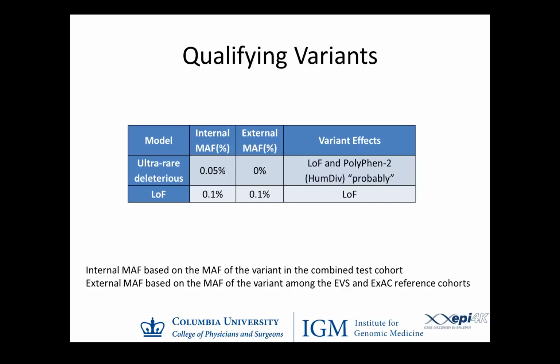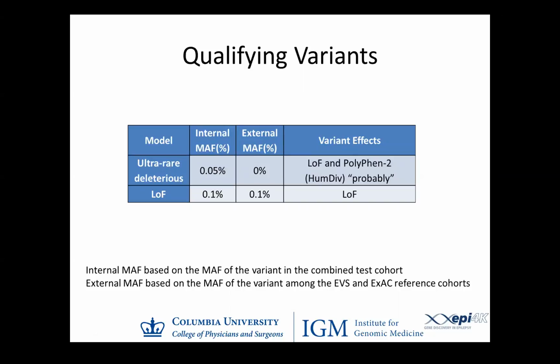And so the two that I'll be discussing here are ultra-rare deleterious, which we've heard about. And this is defined within this data set as external minor allele frequency of 0% based on EVS and ExAC. So these variants are not present in the EVS or ExAC data sets. They have an internal test cohort minor allele frequency of about 0.05%.